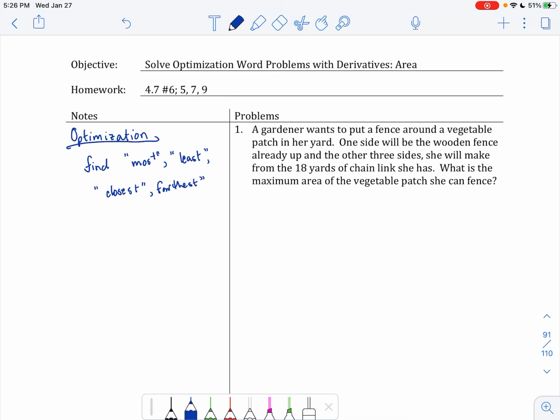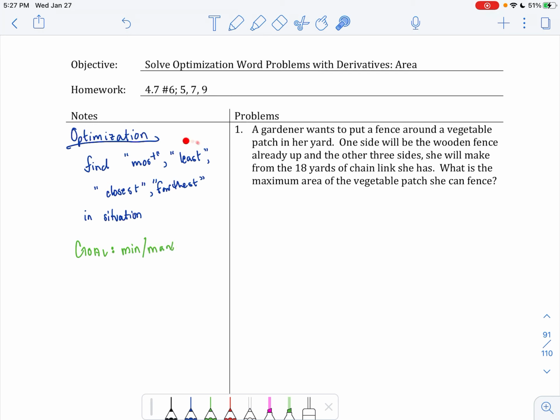You could make up any of these sort of words, but that's the sign that it's going to be an optimization problem. So you're going to find the most, the least, the closest, the farthest, the biggest, the smallest in a situation. That situation might be a word problem, it might be a math problem. And whenever you see a problem like that, the goal is just to find the min or the max, depending on which of these words.